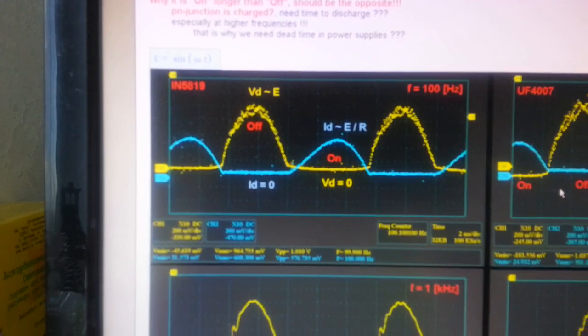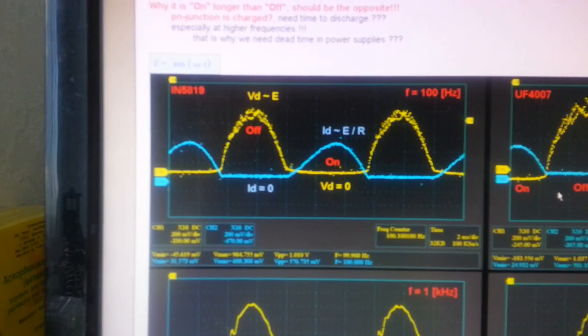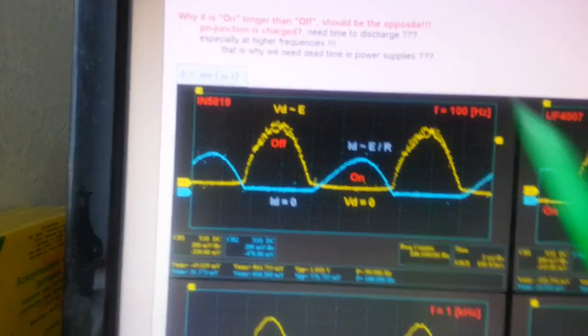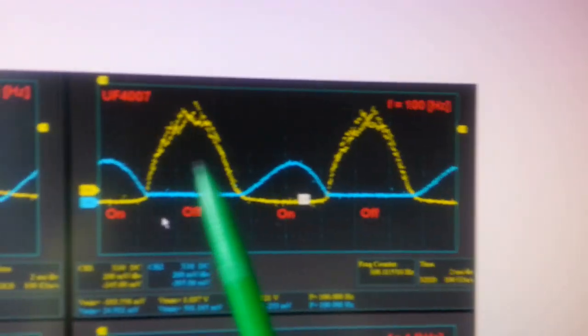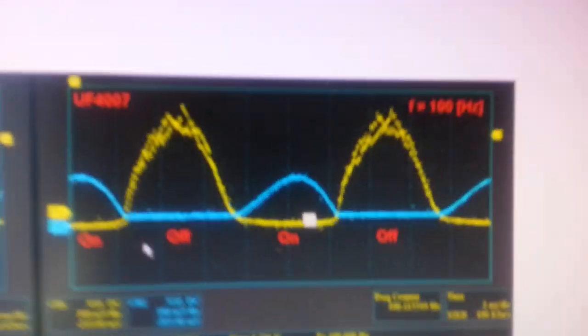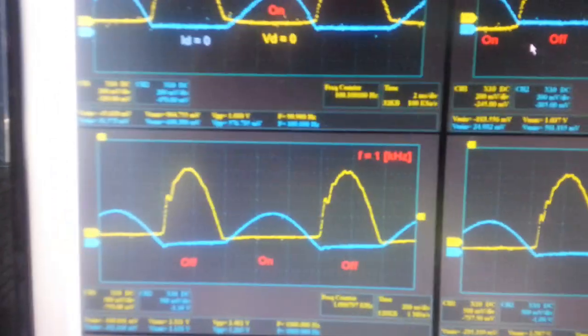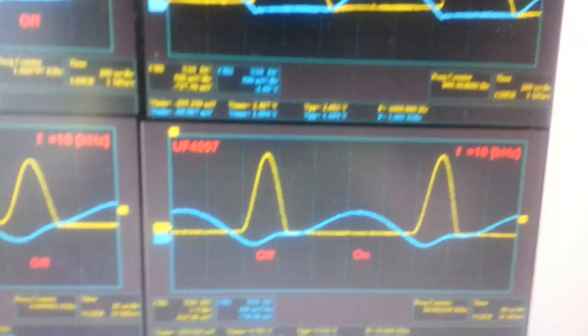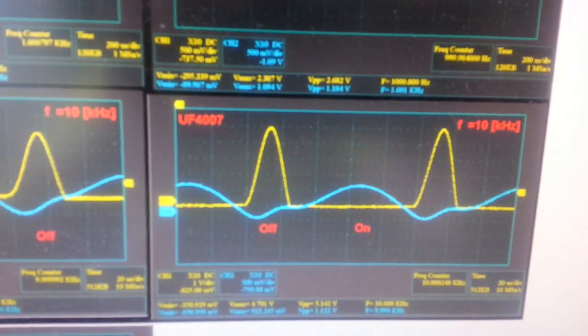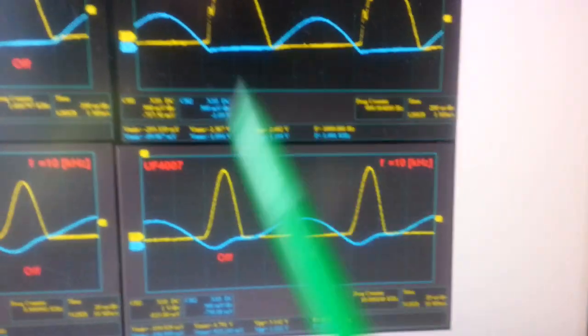Okay, so let's take, instead of a Schottky diode, a usual diode. So this is the Schottky diode, and here is the ultra-fast diode. And we know that the pictures are very similar, with small differences. The Schottky diode and the regular diode behave in the same way, except that the breakdown voltage for the regular diode is significantly higher, in this case around 150 volts.